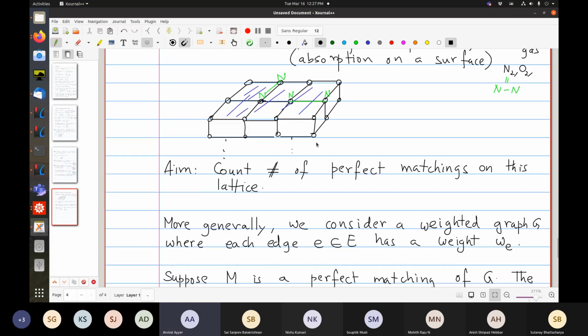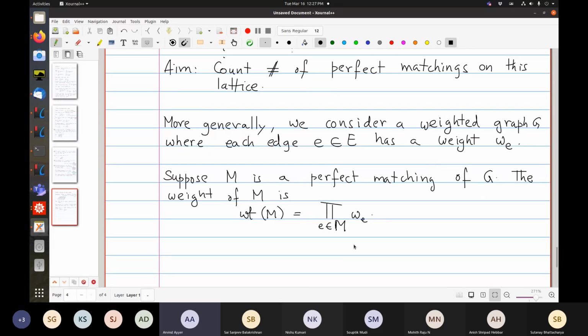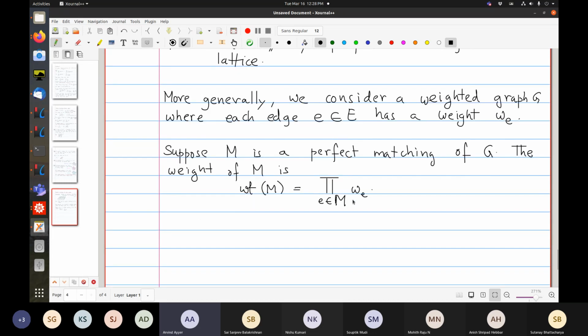So this takes the product of the energies. As you might know from thermodynamics, your weights are going to be e to the something, and so taking the product of these is taking the sum of the energies. Roughly that's what it is. Okay, so that's the weight of M.